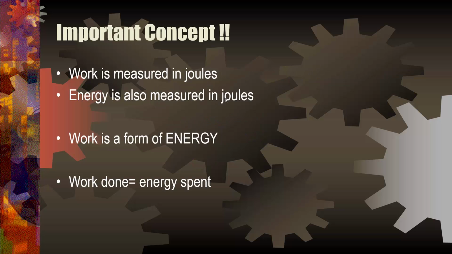So very important concept. Energy spent equals work done, otherwise known as W equals E. Now, in the previous chapter when we talked about energy, that was the electricity unit, we said that energy equals kilowatt hours. Okay, and that holds true in the electricity unit.